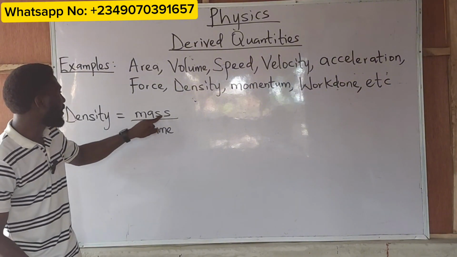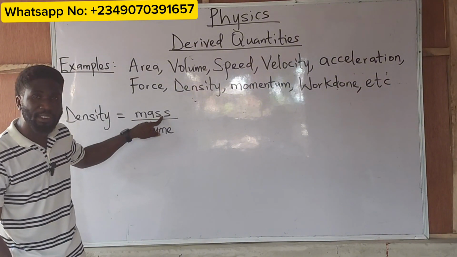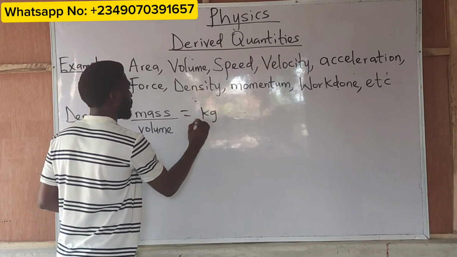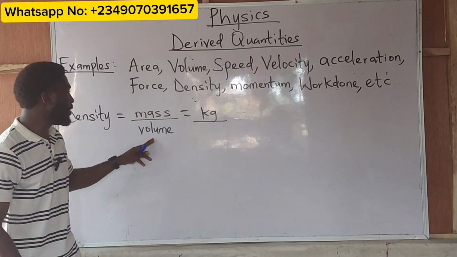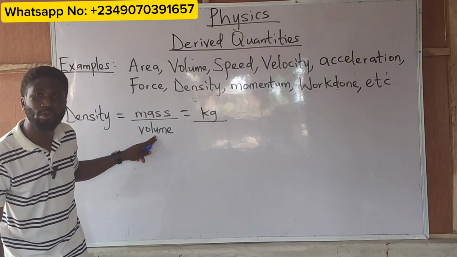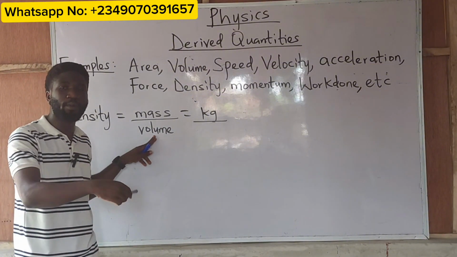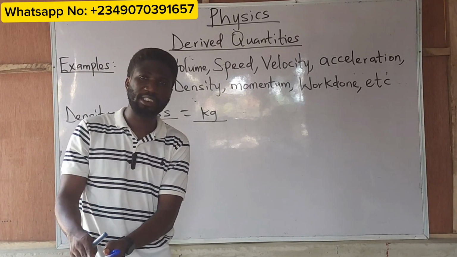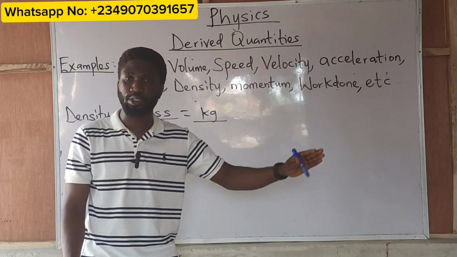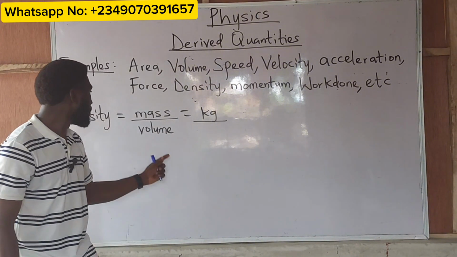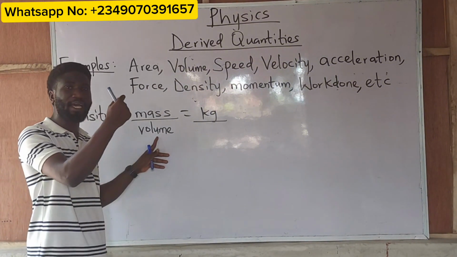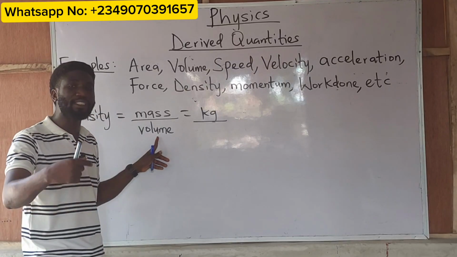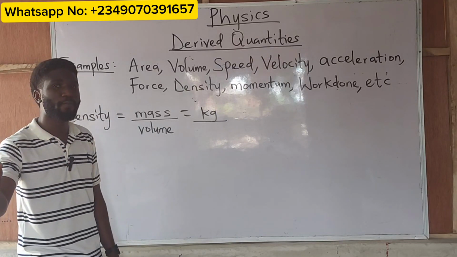So like I said, mass is a fundamental quantity, so it has its unit to be kilogram over volume. Is volume a fundamental quantity? No. That means it has its own formula. But let's assume that we've already known the unit. I don't want to waste our time. Volume, for what we did earlier, has its formula to be length times length times length, and the unit is meter cube.